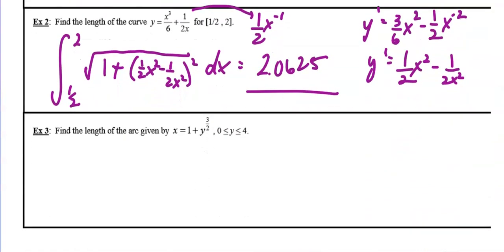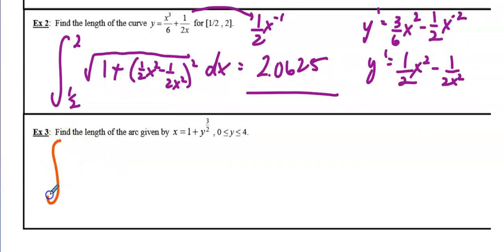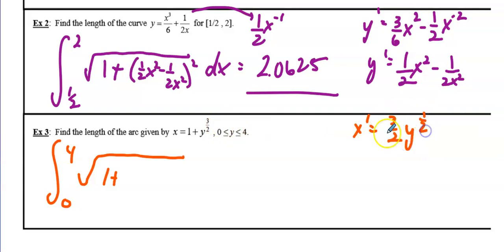So when we do this problem down here, ladies and gentlemen, we're going to integrate from 0 to 4. We're going to take the square root of 1 plus the derivative of this, and we're going to do it with respect to y now. So we're finding dx over dy. We have 0 plus 3/2 y to the 1 less power.